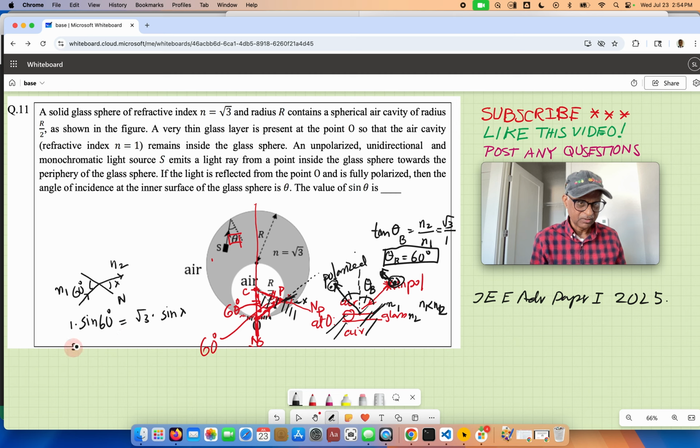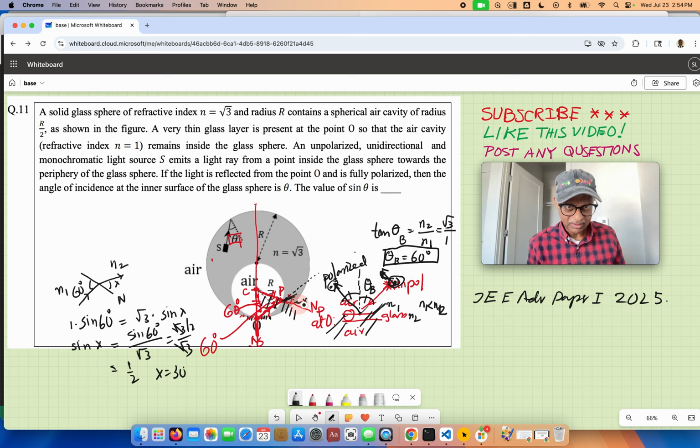So sine x equals sine 60 degrees over square root of 3, and of course this is nothing but half, because that's the square root of 3 over 2 over square root of 3, and the numerators cancel out like that, and so this x is 30 degrees. So the angle from the normal at which it comes out is 30 degrees.